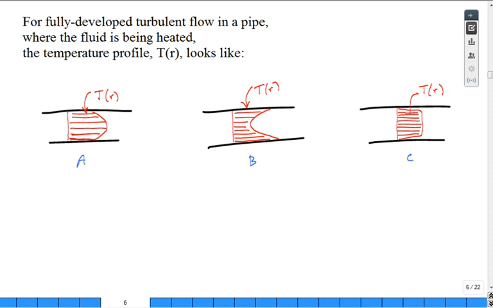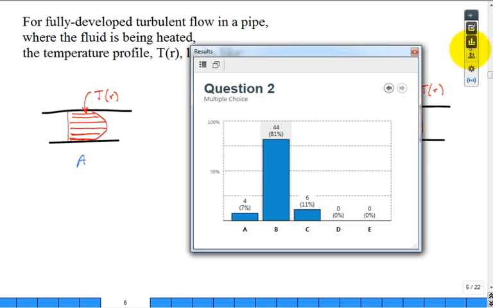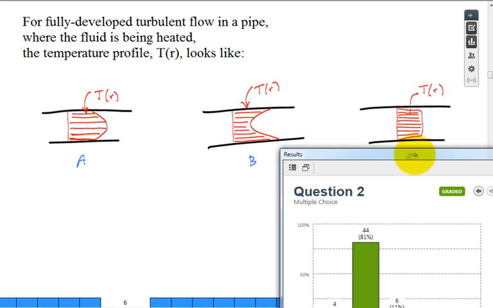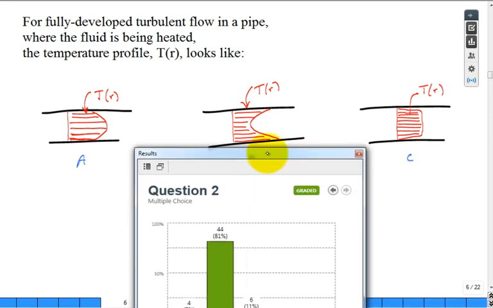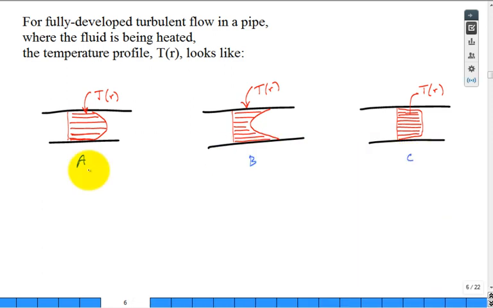All right, we're going to close it down. The correct answer is B. What does A look like? Looks like hot fluid with cold wall. And what does C look like?